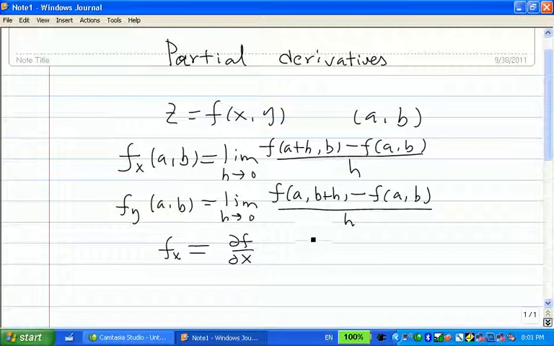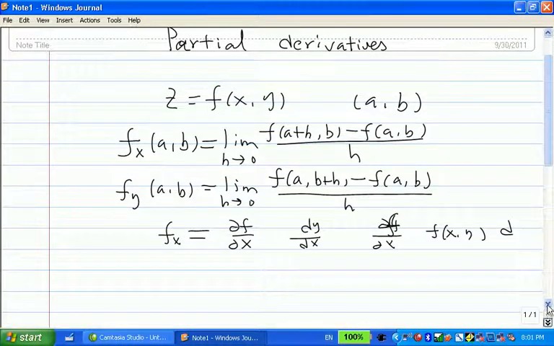Compare this notation with dy/dx. The partial symbol means your f depends on more than one variable. Once you see d there, your function only depends on one variable. It just gives you information about what kind of derivative you are taking: partial or regular.